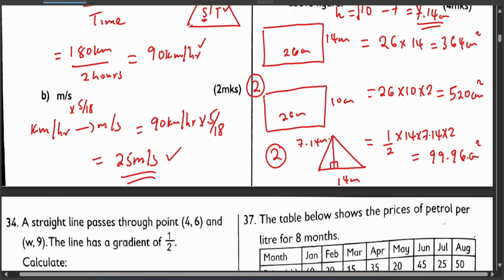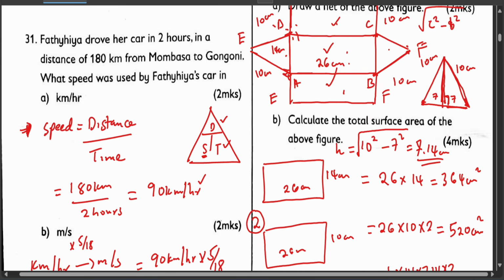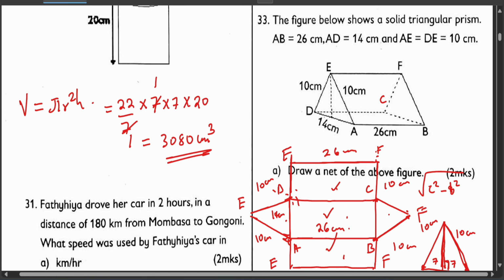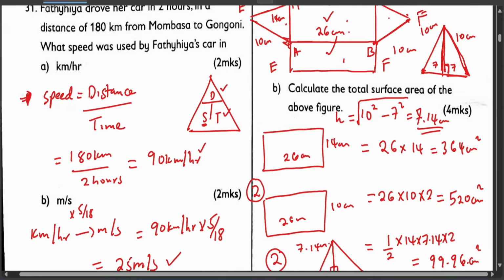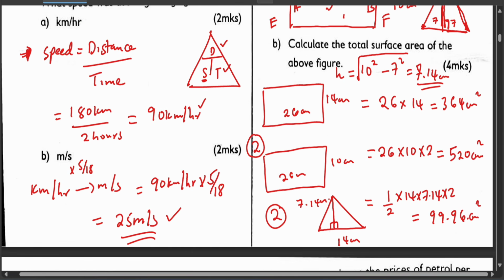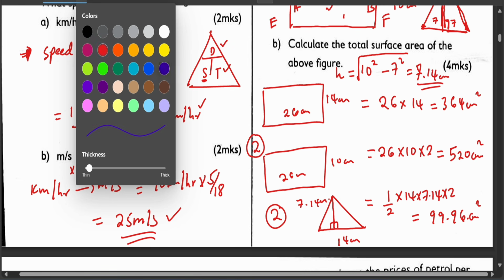So we haven't yet finished, but let me just confirm the triangle. Yeah, 14. So we haven't yet finished. We need to add all of those up. And let me use another pen just to indicate the answer.